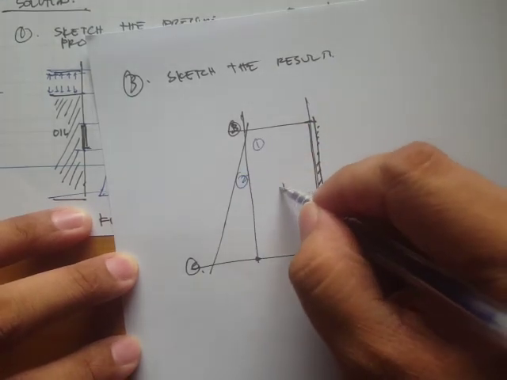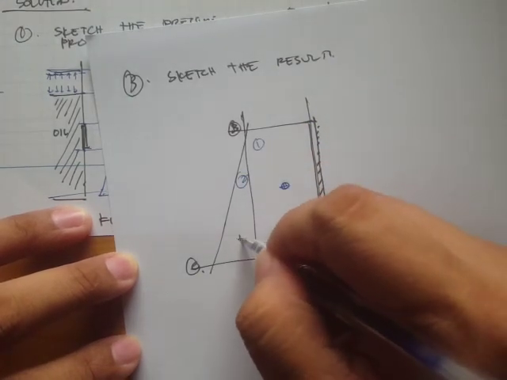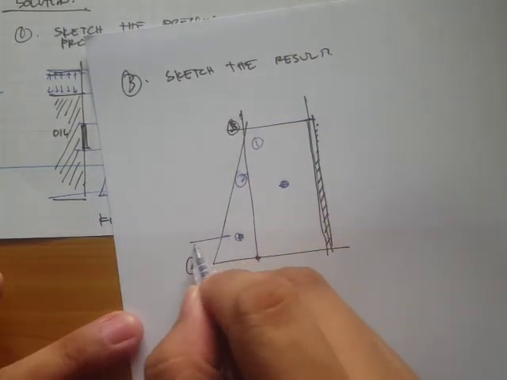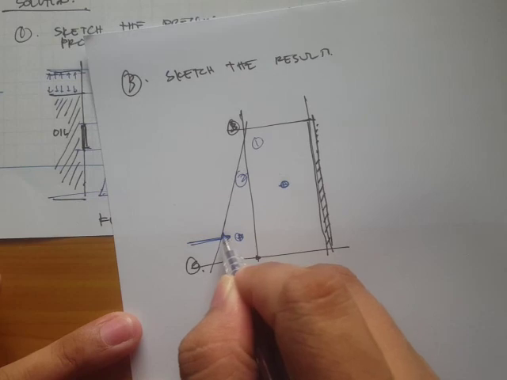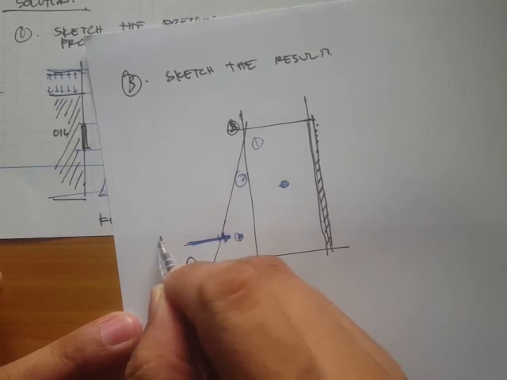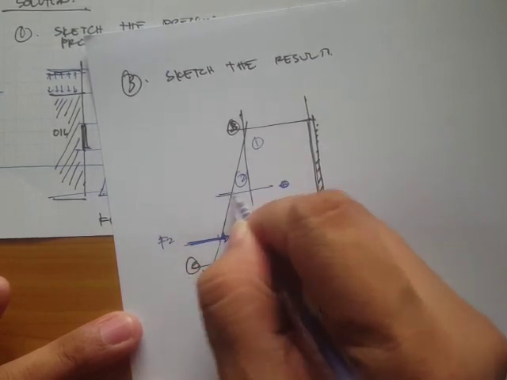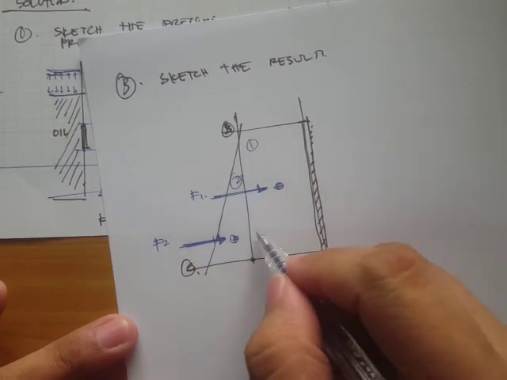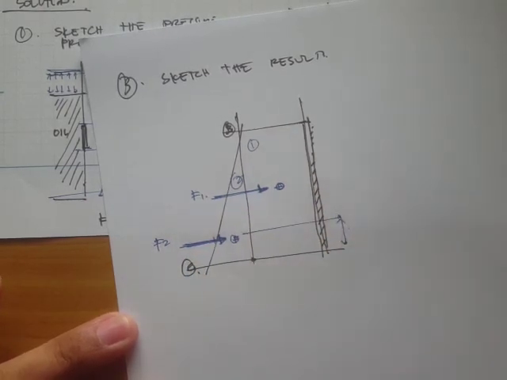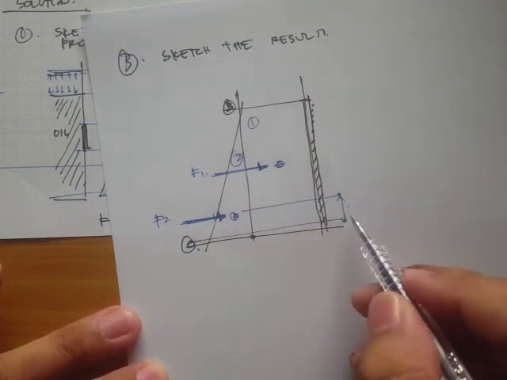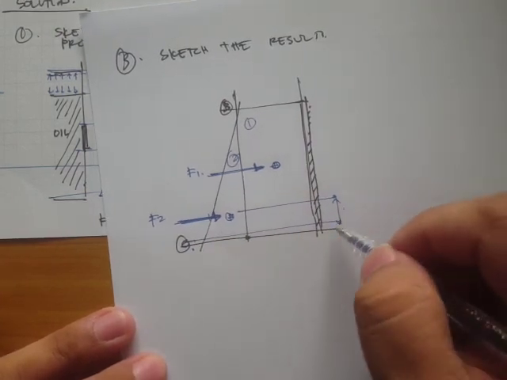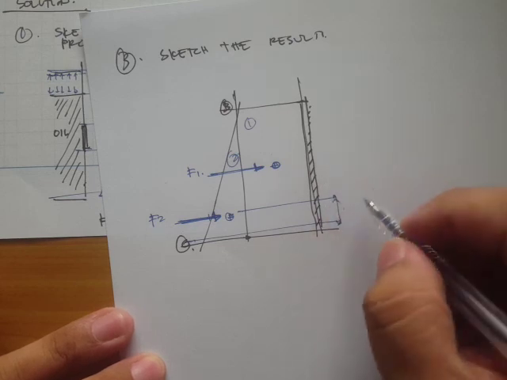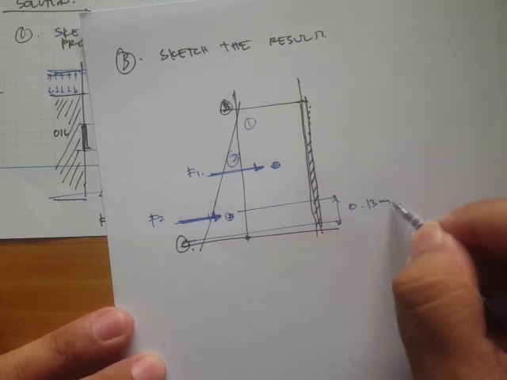For the rectangular, the centroid is somewhere right here, and for the triangular, the centroid is 1/3 from the base. Okay, so that's where the force will act. So this one is F sub 2, and this one will be F sub 1. And let's say this is our reference point, the bottom, then this will be 1/3 of 0.2, which is just equal to 0.13 meters.